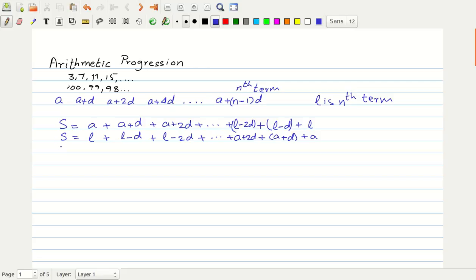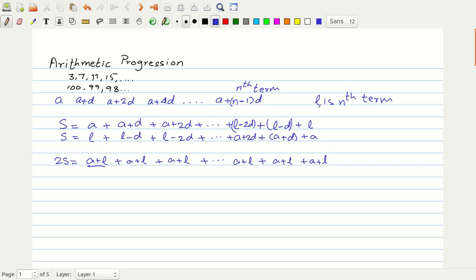So if you add these two equations, you get 2S equal to (A plus L) plus (A plus L) plus (A plus L), and so on. This quantity A plus L is added how many times?